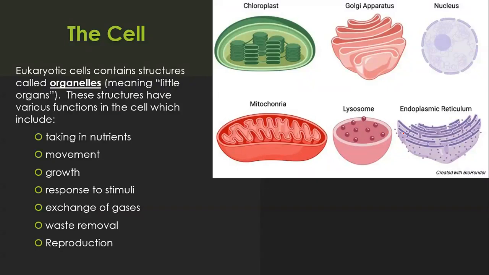I don't know if you remember back to your junior high days, if you remember some of these. Obviously the mitochondria and the chloroplasts, those are kind of two that most people remember. The Golgi apparatus, lysosomes, the endoplasmic reticulum, the nucleus. So these, as well as a bunch more we're going to talk about today.